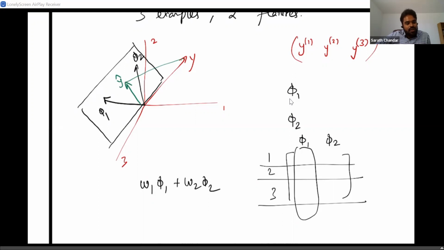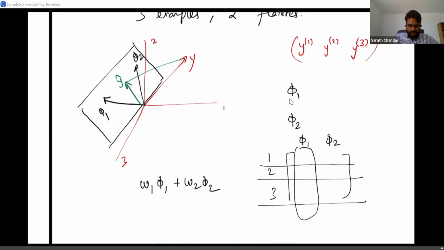Is that clear? In some sense, the least squares solution corresponds to the orthogonal projection of y onto this subspace. So this is the geometric view of what least squares is trying to do. What is least squares trying to do? You have a bunch of features. These features form a subspace.